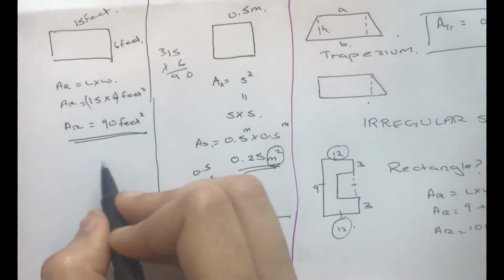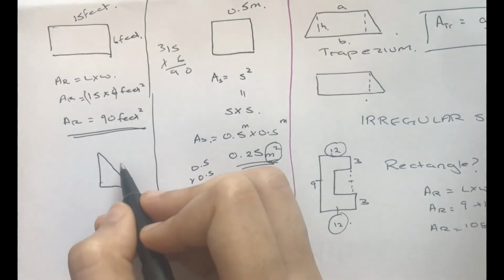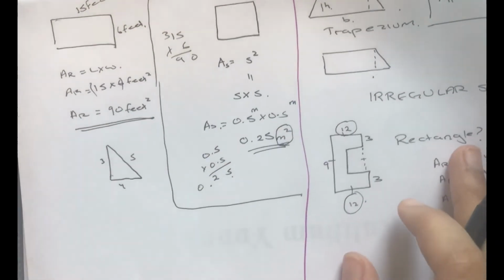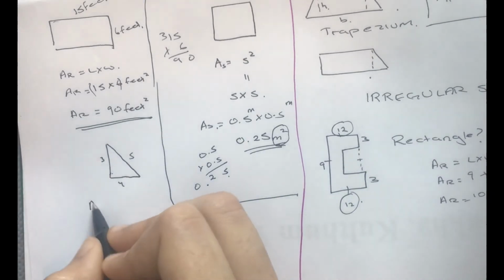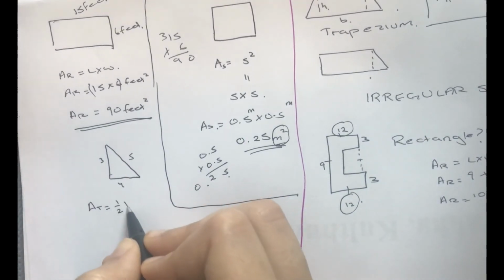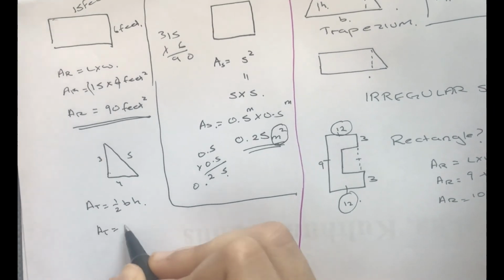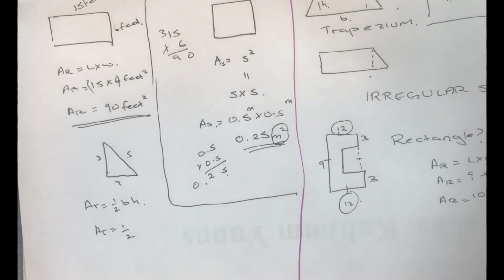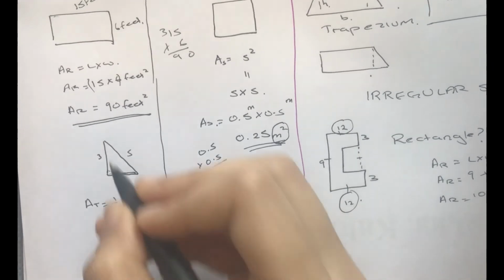Now let's look at a triangle with sides 3, 4, and 5. No units, you can just decide for yourself. We know that the area of a triangle is equal to half times base times height. Half is a constant, it does not change no matter what triangle it is. The base is the one down, so 4, and the height is this one.